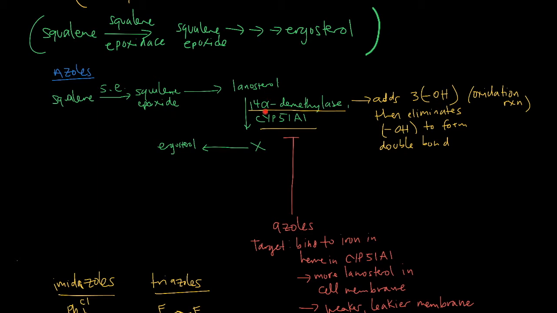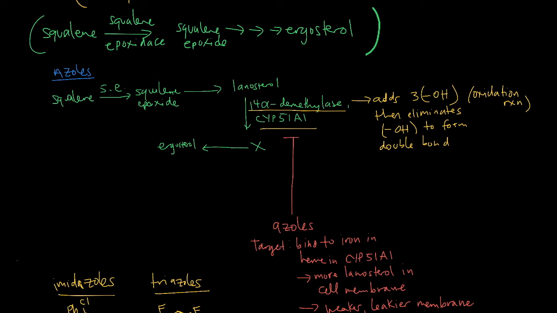Lanosterol is converted to X by 14-alpha demethylase, a CYP51A1 protein. And this X is converted to ergosterol. I didn't feel like drawing or naming X because it's not important. So azoles work by inhibiting 14-alpha demethylase or CYP51A1.